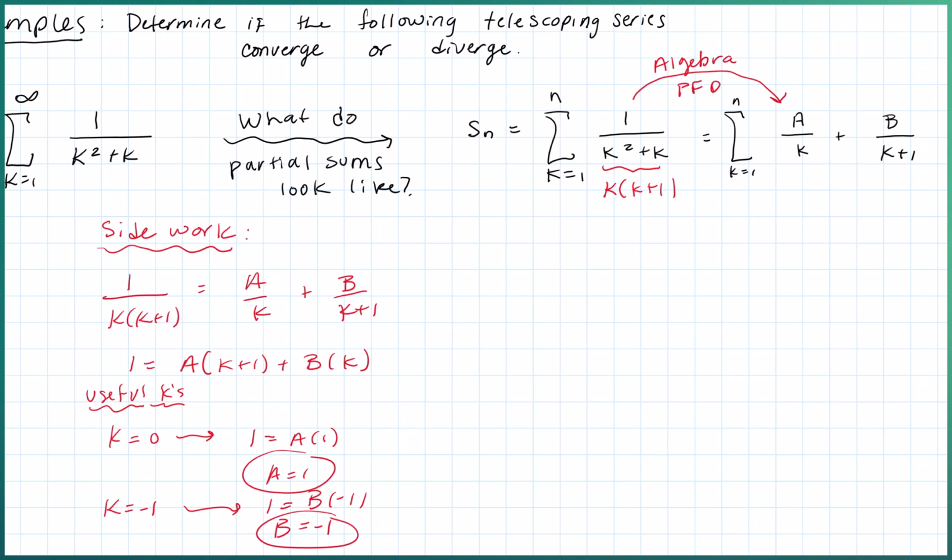So we've got 1 and negative 1, and I come back to my partial sum up here. S sub n is actually equal to the sum from k equals 1 to n of 1 over k, and b was negative 1, so negative 1 over k plus 1.